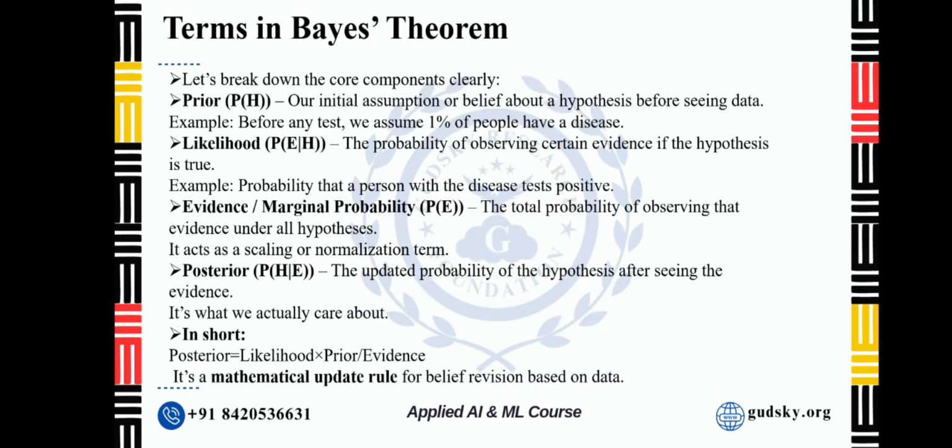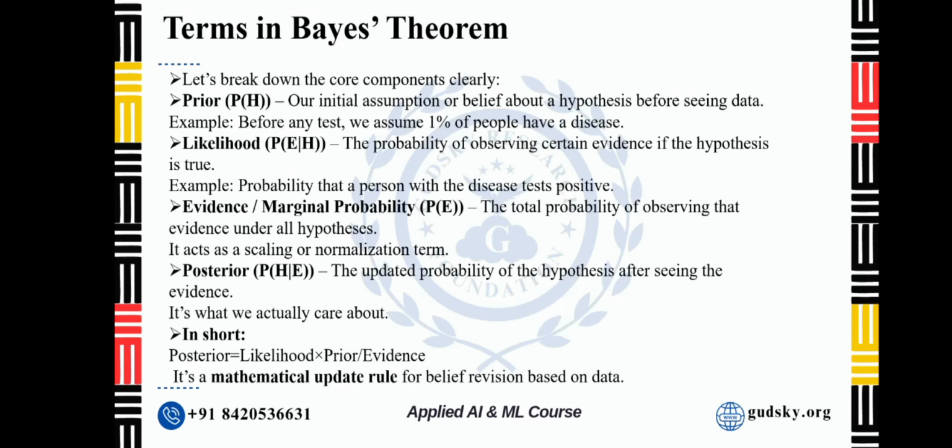Terms in Bayes theorem. Now let's break those terms down again, but in an even simpler real world way. Imagine you are a doctor diagnosing a disease based on a test result. The prior, P(H), is your initial assumption before the test. Maybe you know that 1% of people have the disease. The likelihood, P(E|H), is the probability of observing a positive test result if a person really has the disease.